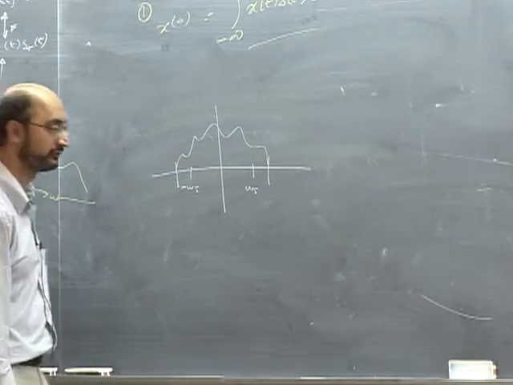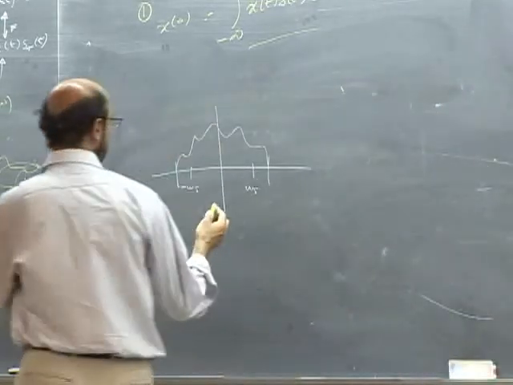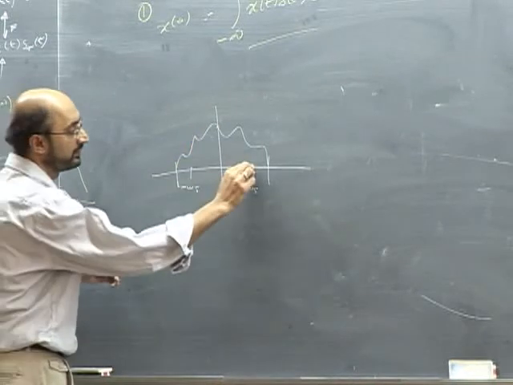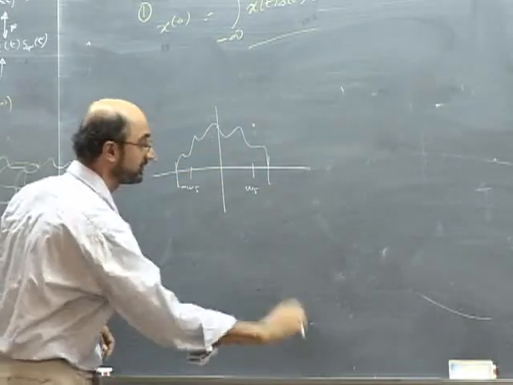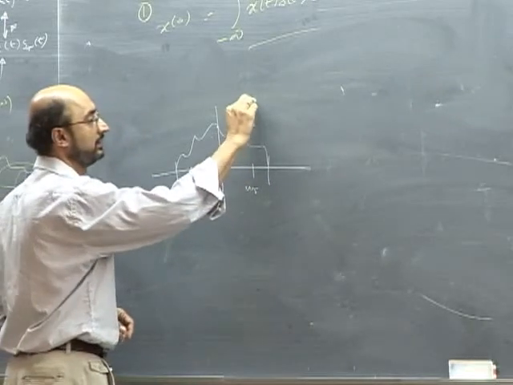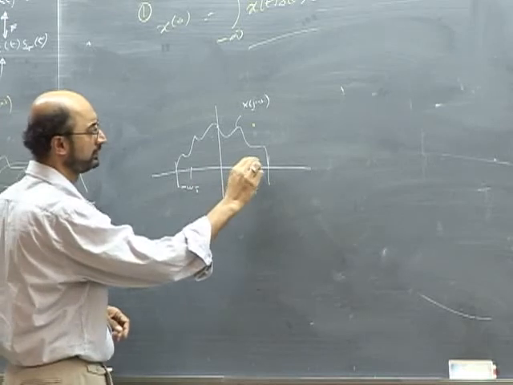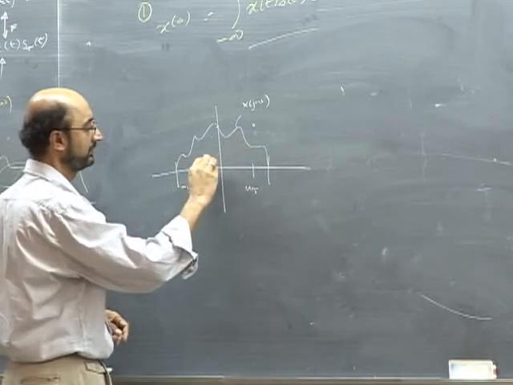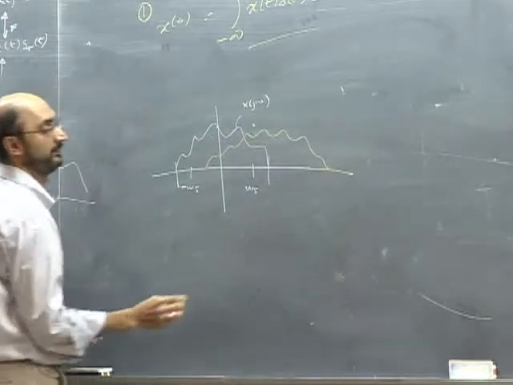So I need my yellow chalk again. This is very complicated. What's going on is that this center point is going to be moved over here, because that's what happens. This curve is, by the way, X of j omega. This guy is going to be moved over here, so we're going to look at the center point, and it's going to look something like this.